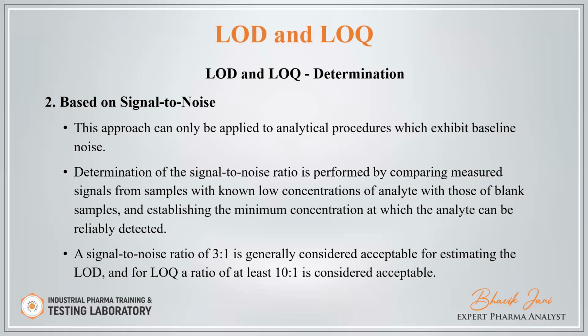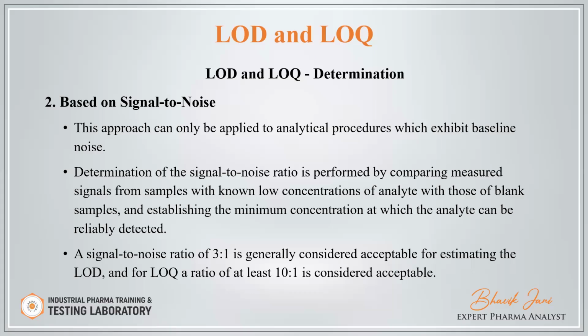And based on signal to noise, this approach can be applied to analytical procedures which exhibit baseline noise. Whenever the analytical method has baseline noise on the higher side, in this case you have to determine the LOD and LOQ by the signal to noise method.